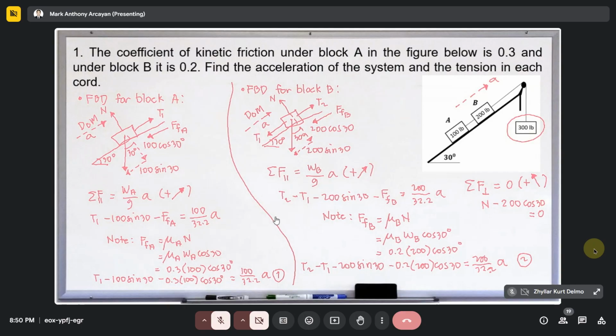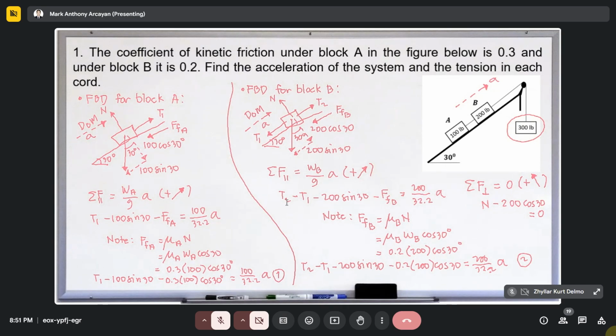When getting the normal force in the summation of forces in y, do we consider the applied force F? Yes, because the F there is inclined at an angle.